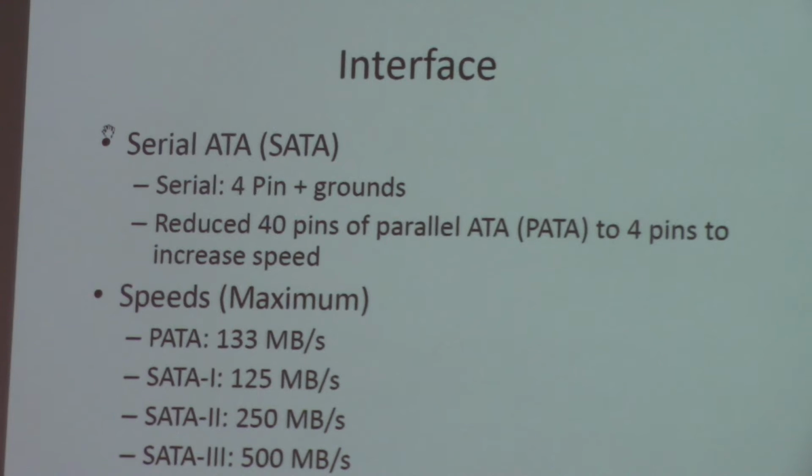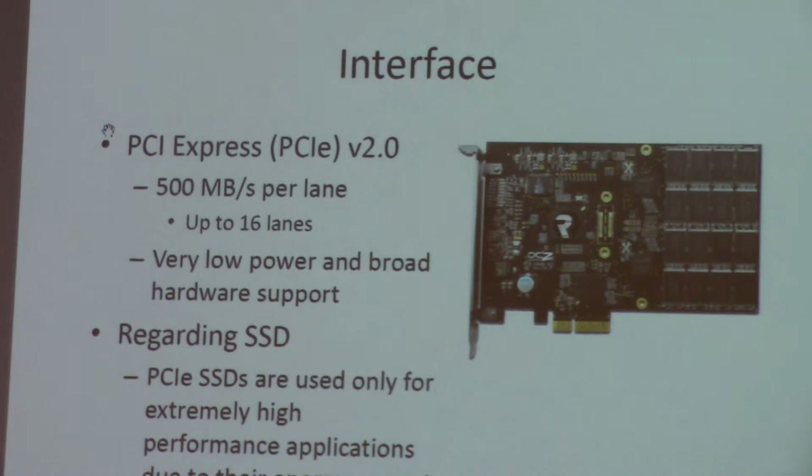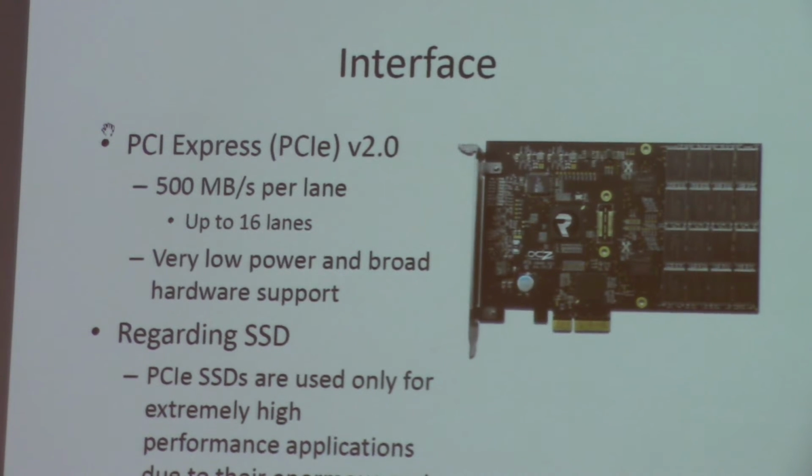Their speed is right now up to several hundred megabytes. In terms of bits, it's several gigabits, so 8 times. And PCI and so on. This is not a computer engineering class, so we just look at what this is.